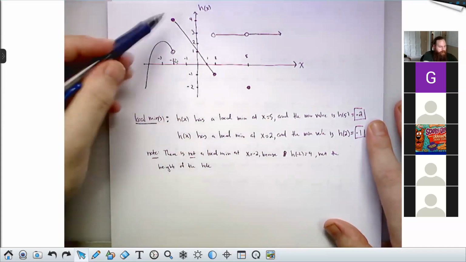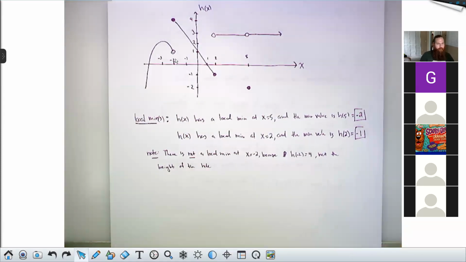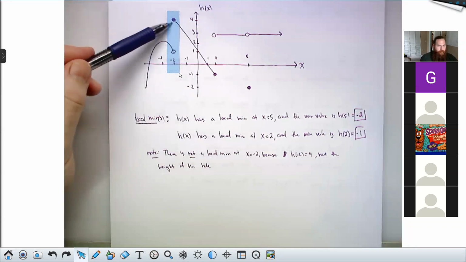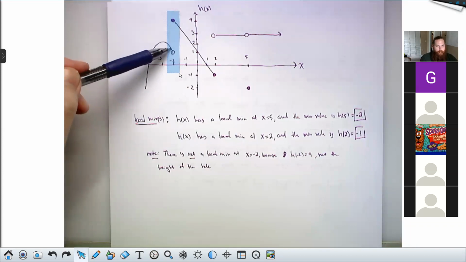If this was filled in and this was open, then that would be a local min. You want to ask, is the value of the function there smaller than anywhere else in this window? Well, the value of the function at -2 is this guy way up here, the filled in piece. Is this smaller than anywhere else in this window? No, there's all this stuff down here that's smaller.